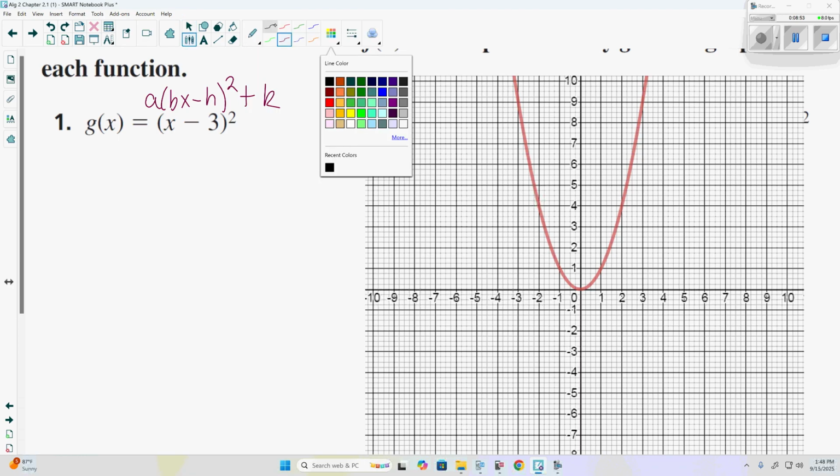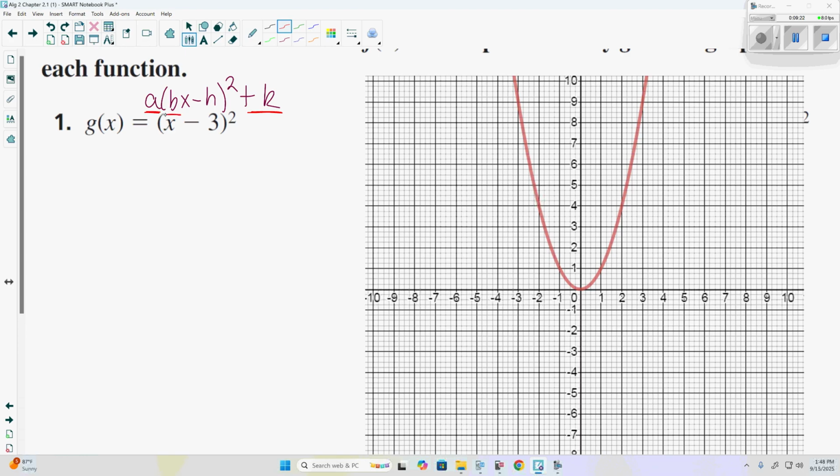Looking at this, do we have a value in place of k? No, we don't have anything being added onto the end, which tells us it's not moving up or down. Do we have a value in place of a? No. So there's not going to be a vertical stretch or shrink or a reflection across the x-axis, because that's what a would tell us.